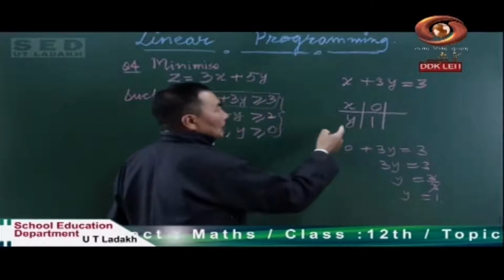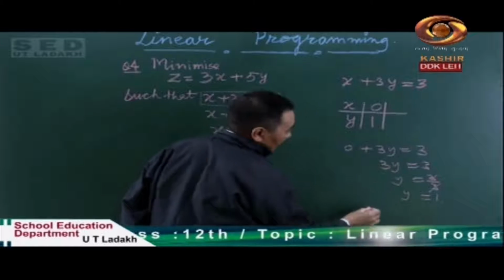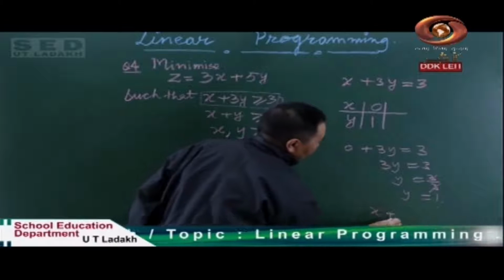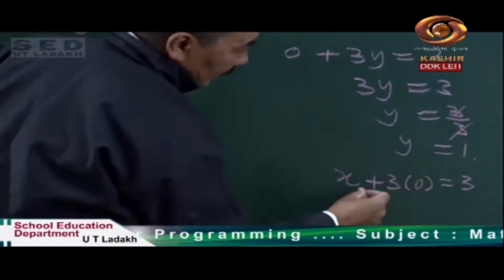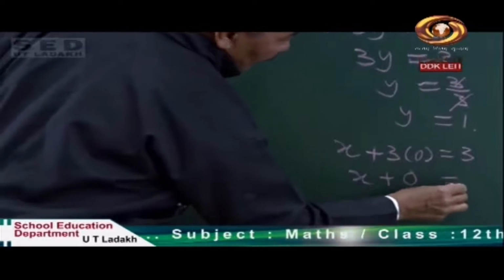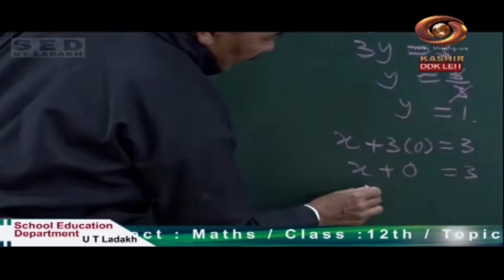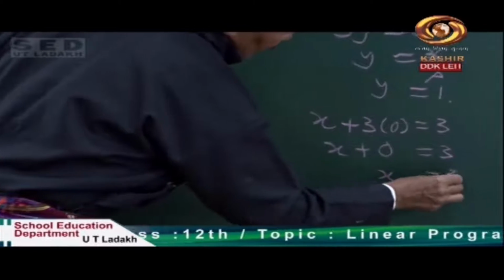Similarly, if you put y equal to 0 over here, then what happens? x plus 3 into 0 equal to 3. Then x plus 0 is x, so x equal to 3.